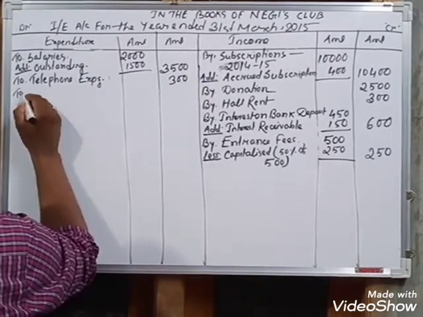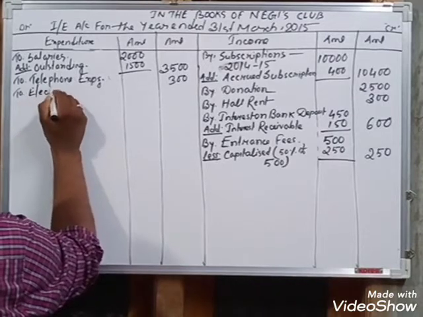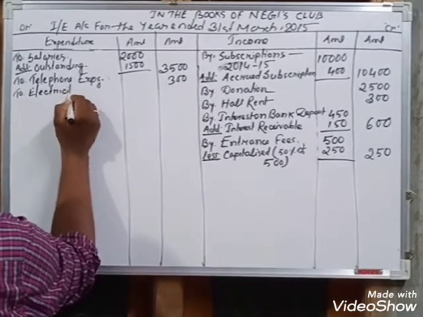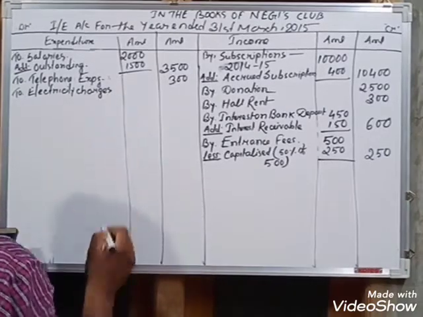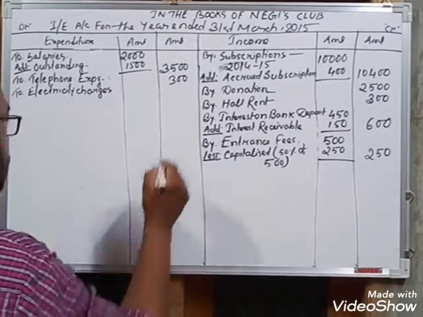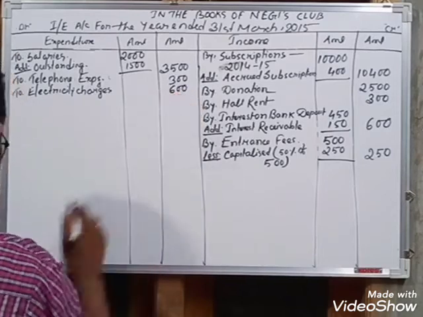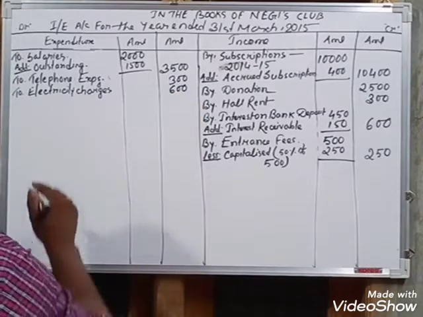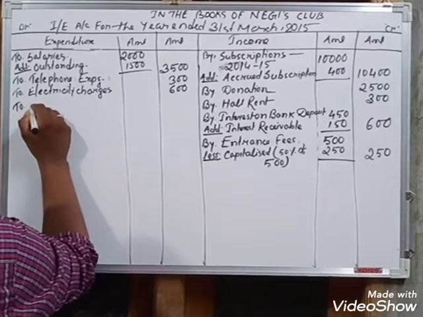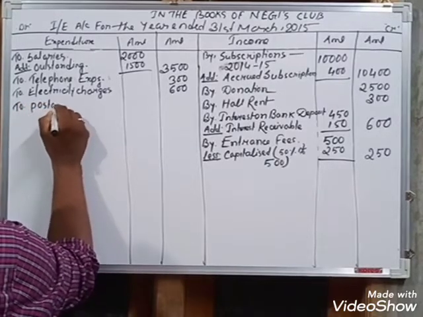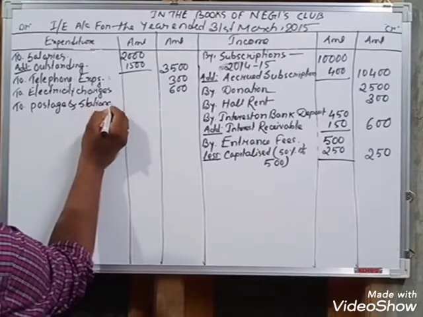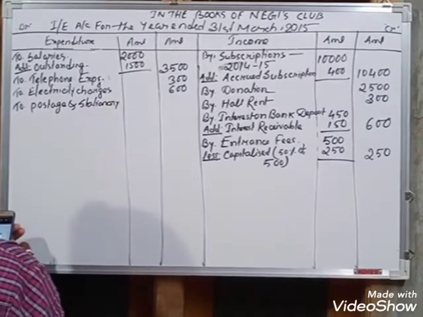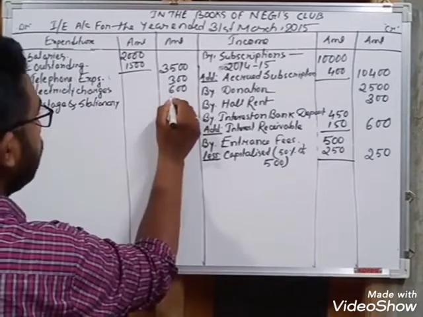To electricity charges, electricity charges 600. To postage and stationery, 150.